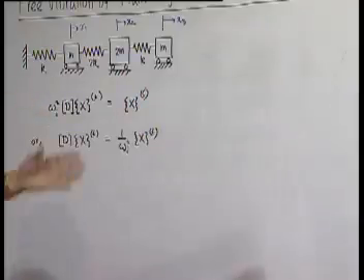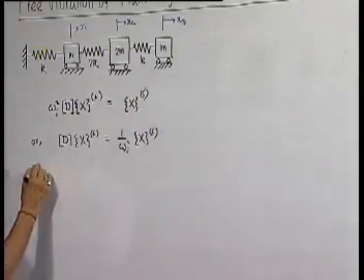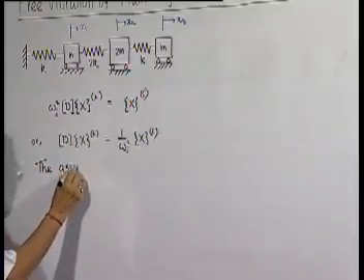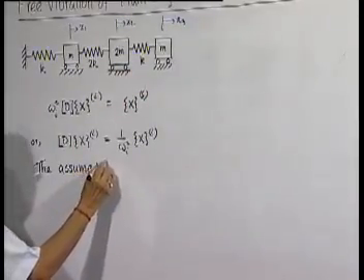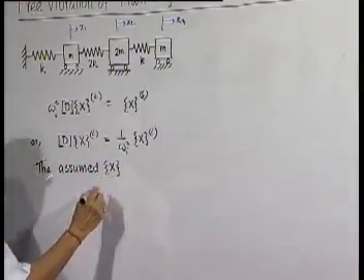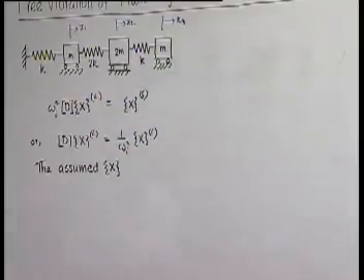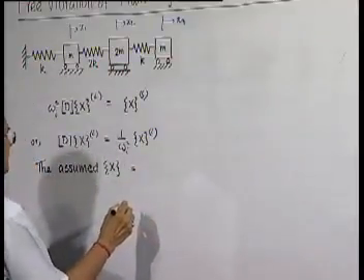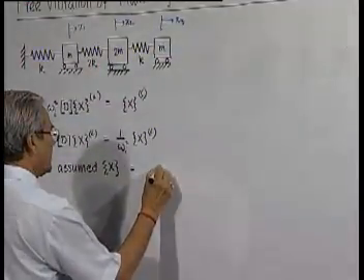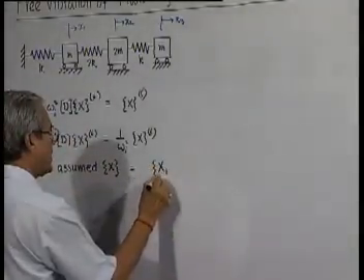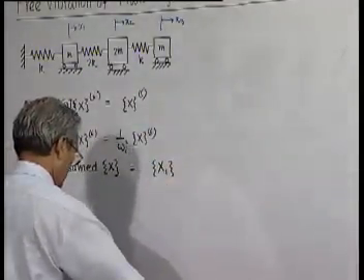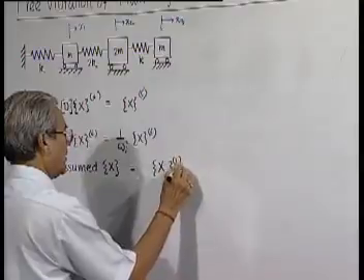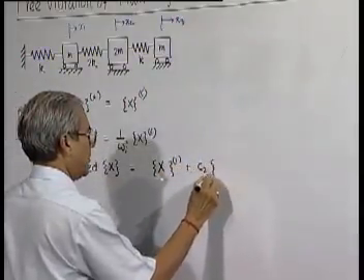Now, when we assume something, the assumed mode shape can always be expressed in terms of the first mode, a combination of C1 x1 and so on.